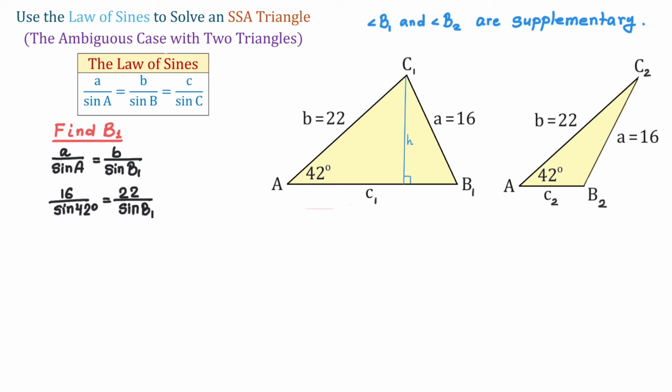Then we will use cross multiplying, and we will have 16 times sine of b sub 1 equals 22 sine of 42 degrees. Then sine of b sub 1 equals 22 sine of 42 degrees over 16.